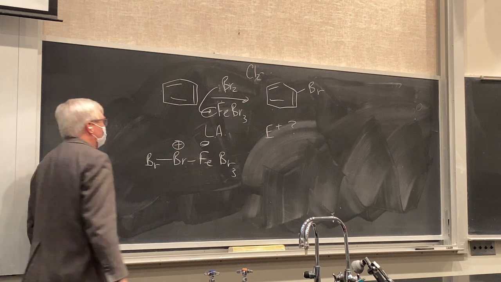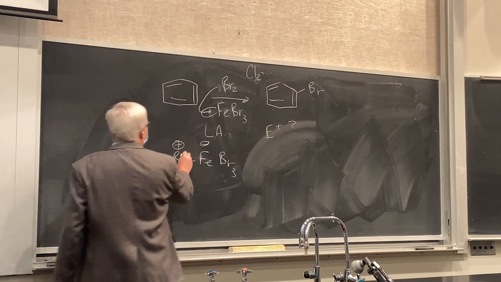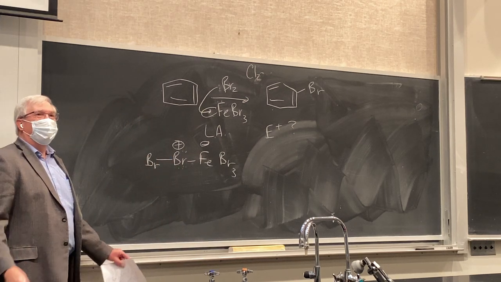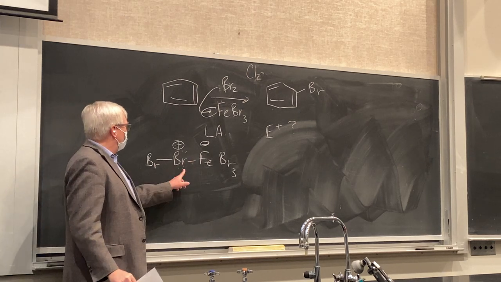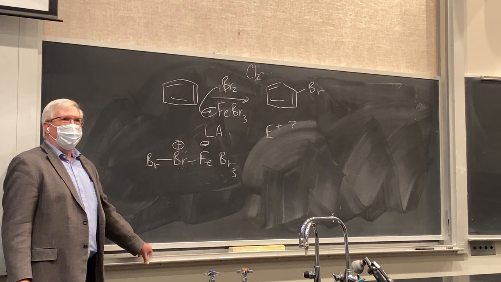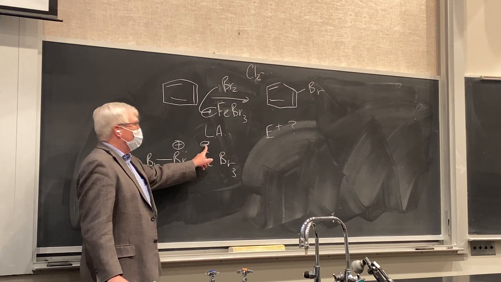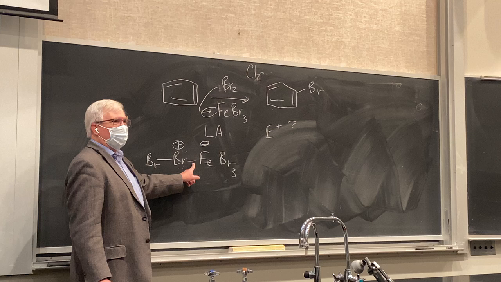I just went ahead and added them for you. You can do the formal charge calculation on bromine: 7 valence electrons minus 2 bonds minus 4 lone pair electrons, so I think that's +1. And iron goes to ferrate, a negatively charged species, because it has another bond on it.